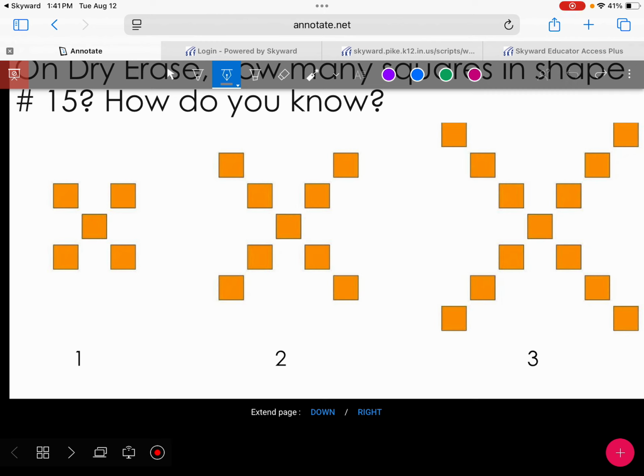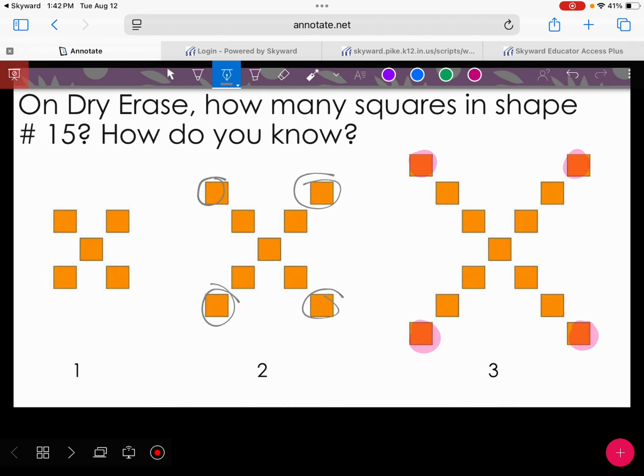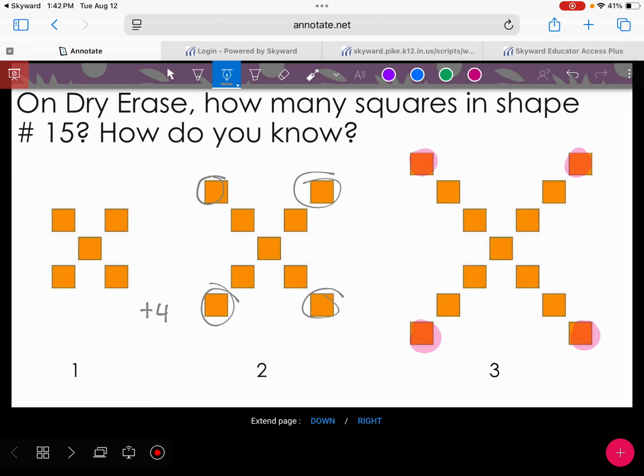Yeah, it's adding a little extra guy on the end each time. So this one got these new pieces. This one got this one, this one, this one, and this one. So how many is it adding each time? Four. It's adding 4, it's adding 4. This one started with 5. This one has 9. This one has 13.